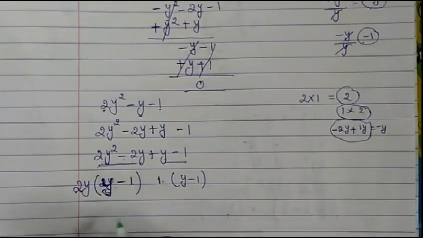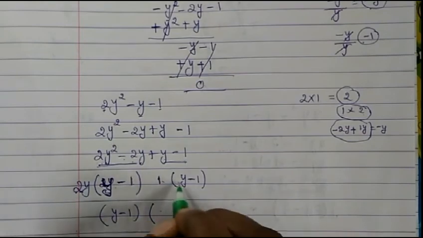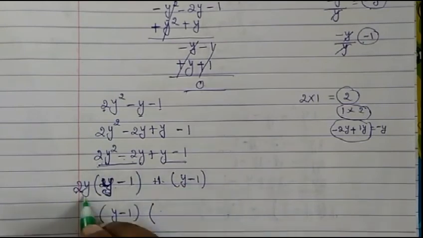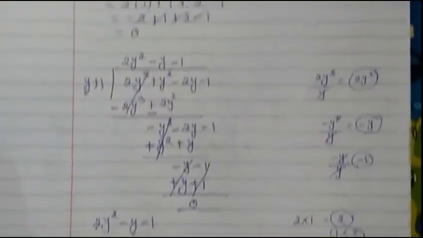So that means this is correct. So now we have common y minus 1. We have common one factor. Then we have here 2y. So this is plus 1, no? Because 1 into y. So this is a plus 1. So then 2y we have and plus 1 here.